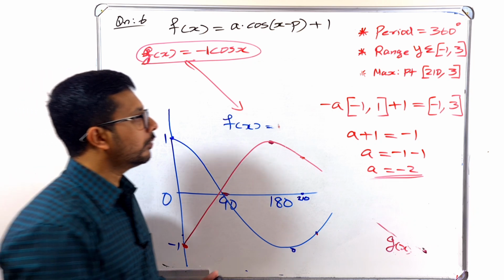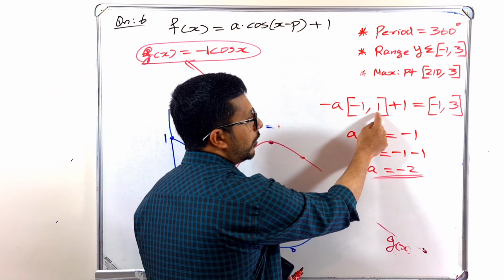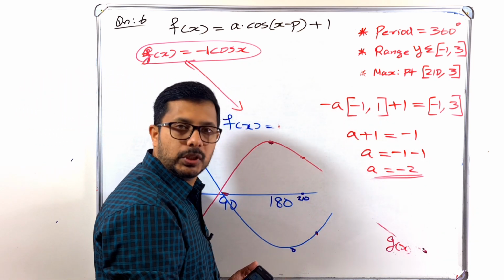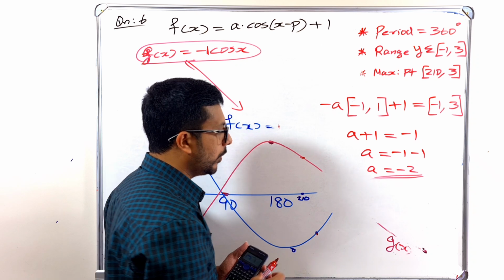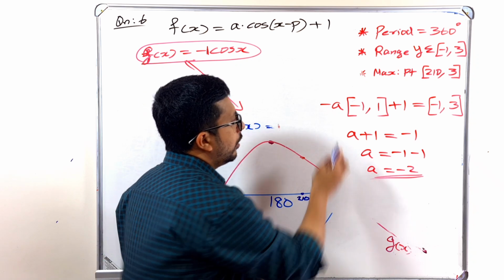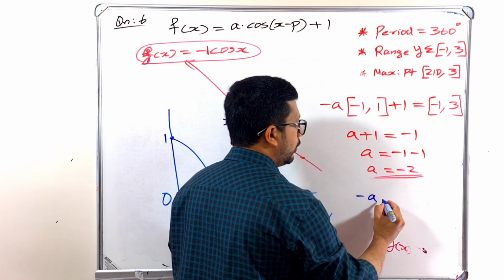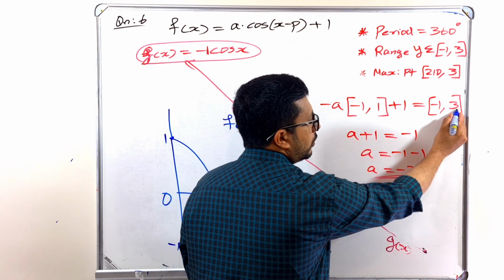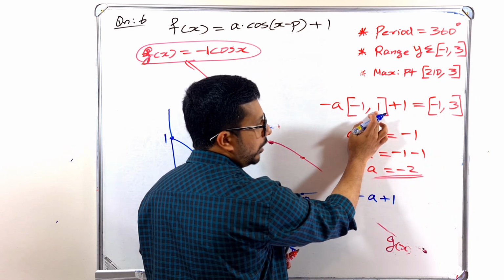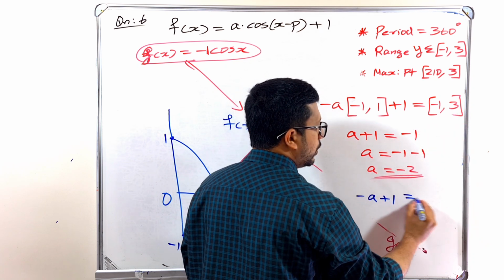Or maybe you are thinking, why are we taking this one, why are we not taking this one? If we take that one also, we will get the same answer. Look at that one, minus a into 1, that is minus a, then plus 1 is equal to the maximum value, which is 3.